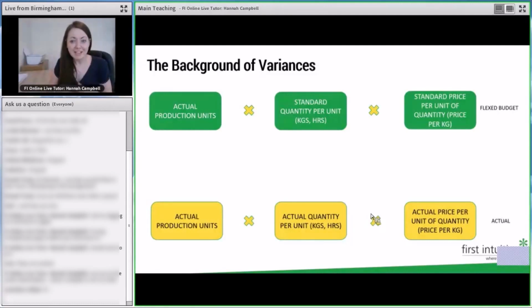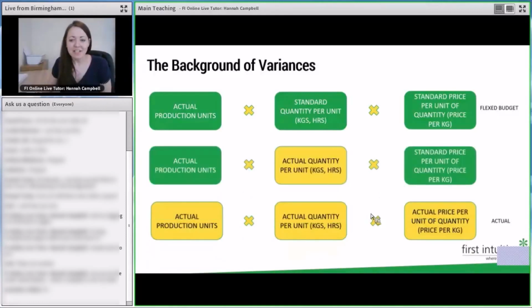So we're going to break this up into a variance that just looks at our quantity and just looks at our price. Now, in order to do this, we need a middle line. So what we are going to do is take that flex budget into the next line, but we're just going to change one thing. So I've decided to change quantity.